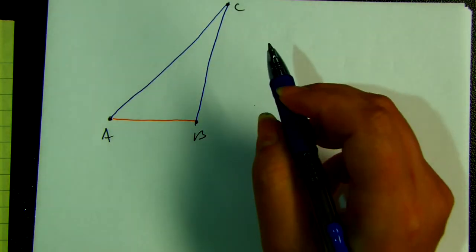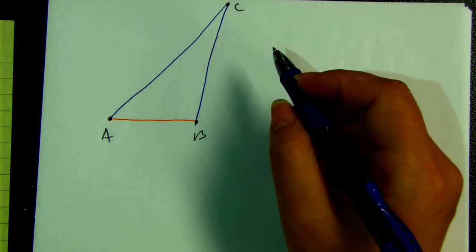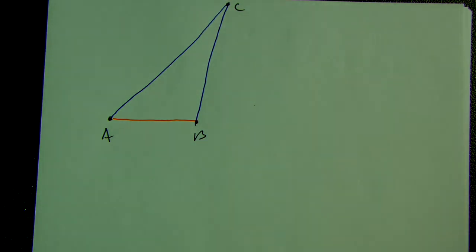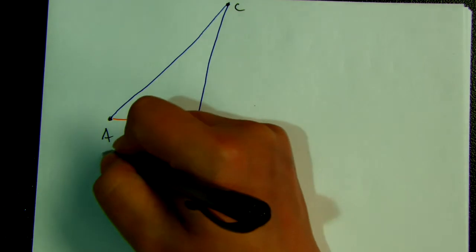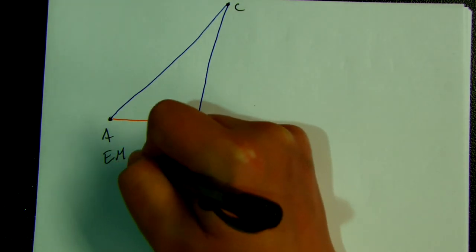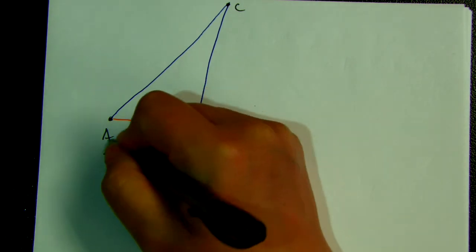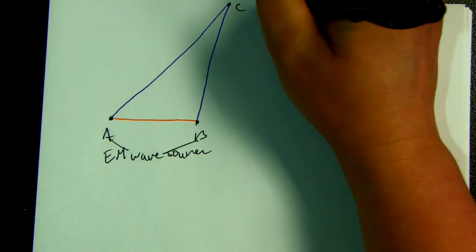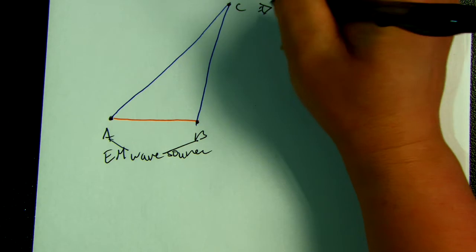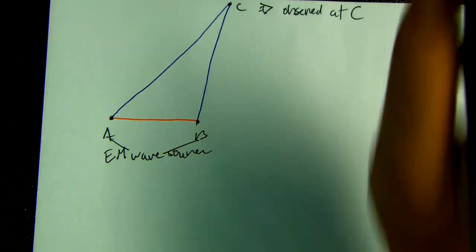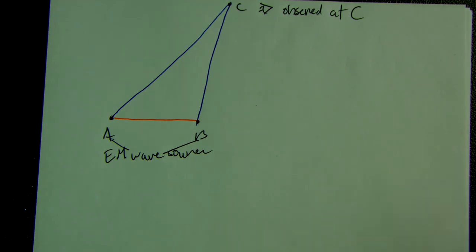This should be made even bigger. Okay, so we've got two sources of electromagnetic waves. So EM wave sources here and here, and we are observing them at point C.